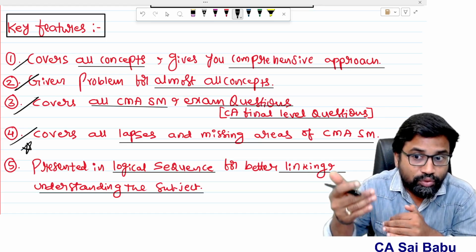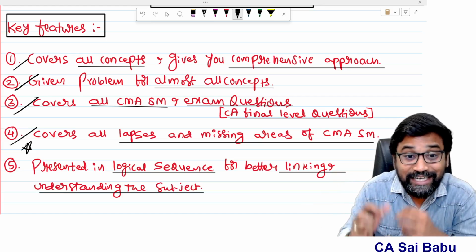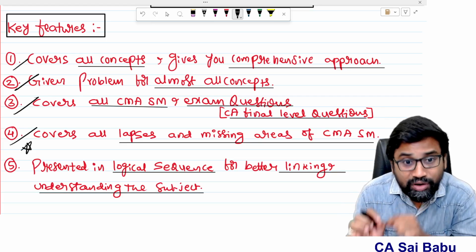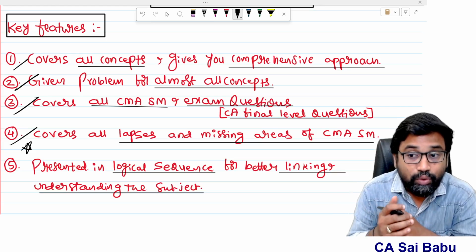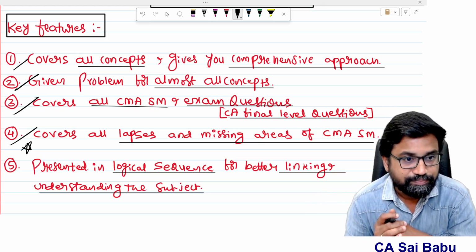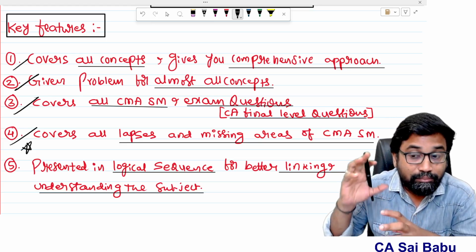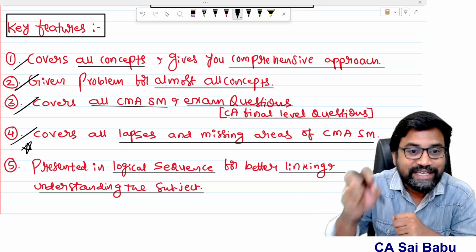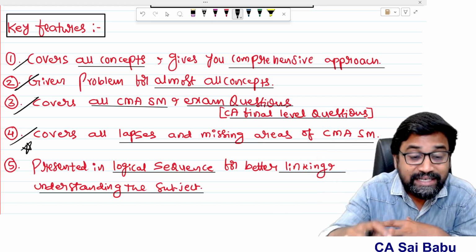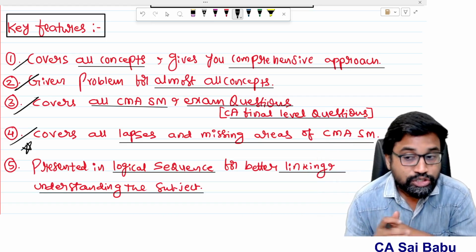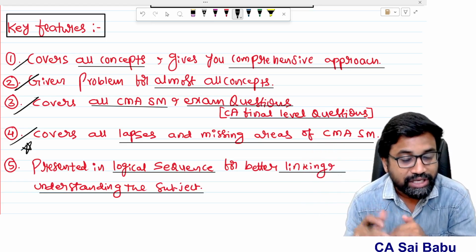So if you read the summary, you may not understand that concept or that standard perfectly. And majority of the time the study material fails to give you questions relating to each and every concept. So in this material I made an effort to identify those gaps, those lapses, missing areas, and I have presented them in my material, so that you can confidently approach whatever question comes in the exams.